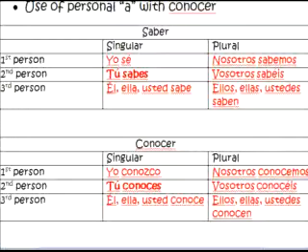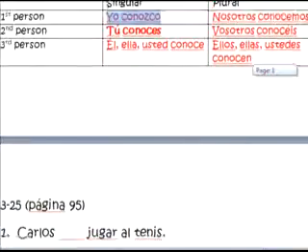And with the verb conocer, yo conozco, tú conoces, él, ella, usted conoce, nosotros conocemos, vosotros conocéis, ellos, ellas, ustedes conocen. And you will notice that those are regular verbs except for first person singular, the yo form. Those are the irregular forms of those. But again, both mean the verb in English to know.